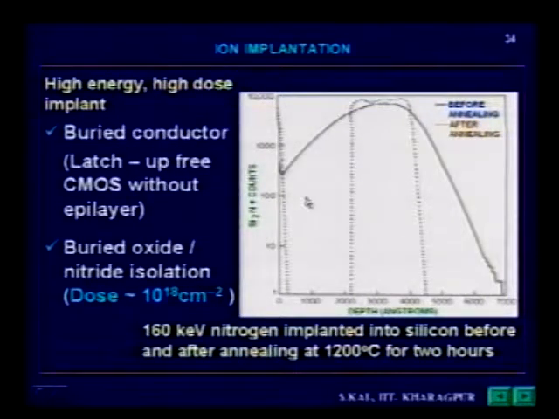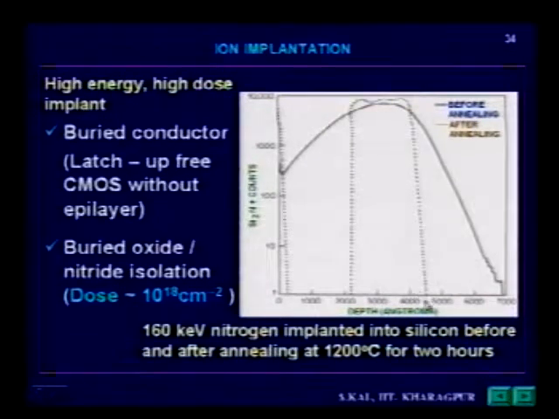As a result, in this region you can get clear silicon, and at a particular depth, nearly 2000 angstrom to 4500 angstrom, you will have a layer which is the Si2N or silicon and nitrogen complex layer, which may form silicon nitride.